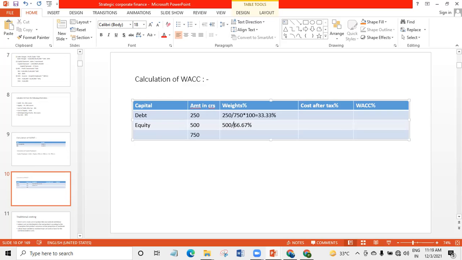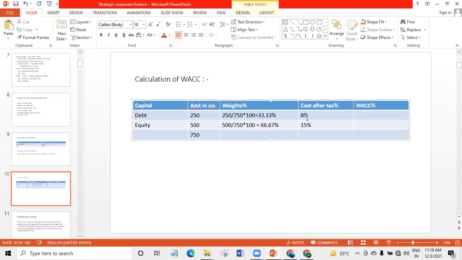Next, 500 divided by 750 into 100, 66.67. Now what is cost after tax? 8%. This is given in the question.